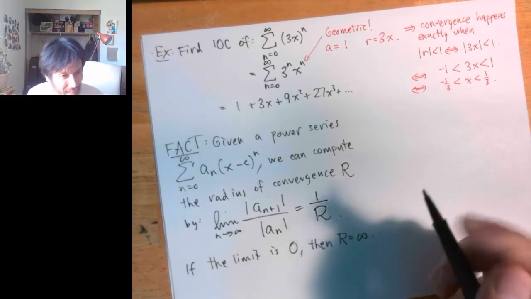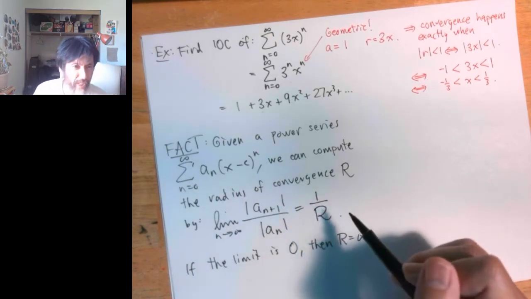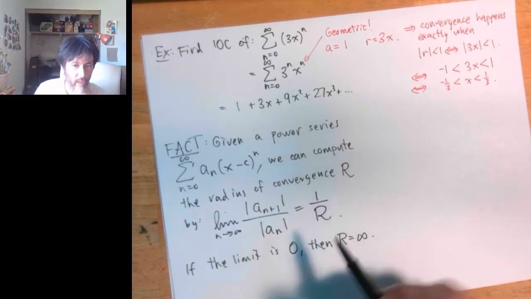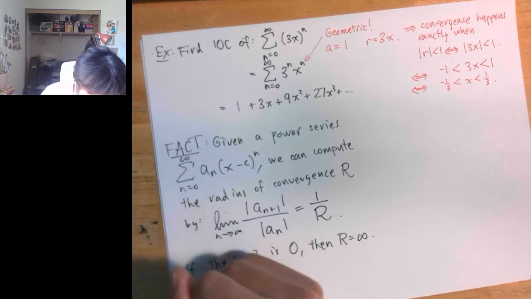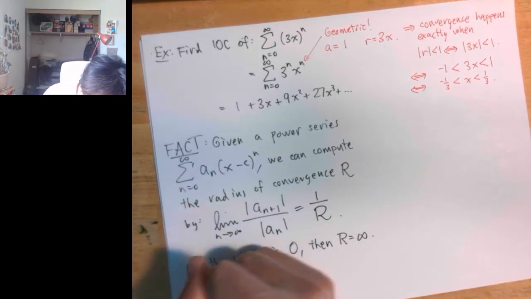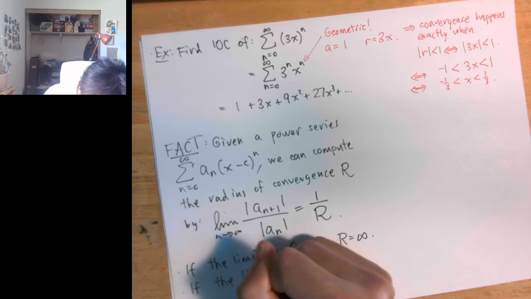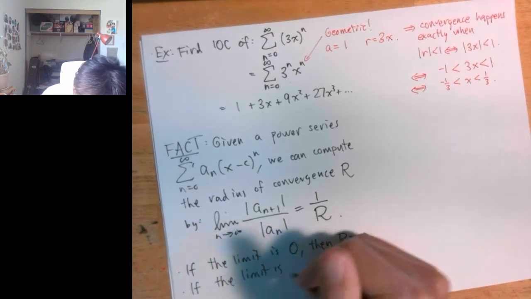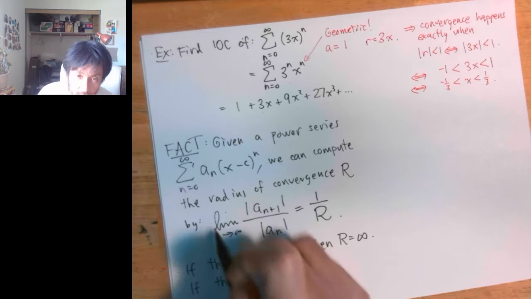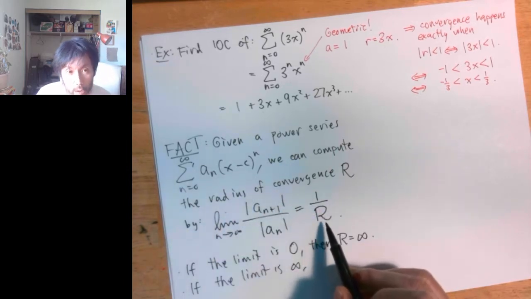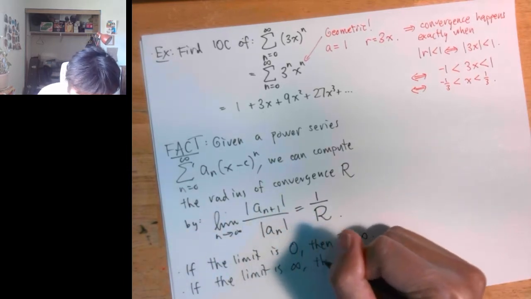This kind of makes sense intuitively. 1 over infinity is like 0, right? So we're just going to stipulate this. And similarly, if the limit is infinity, we're going to interpret the radius of convergence as being 0.